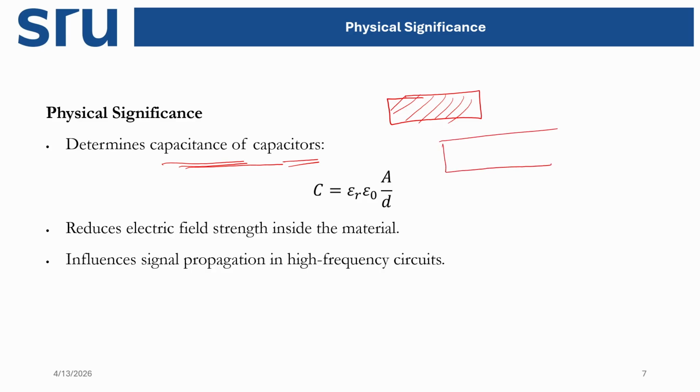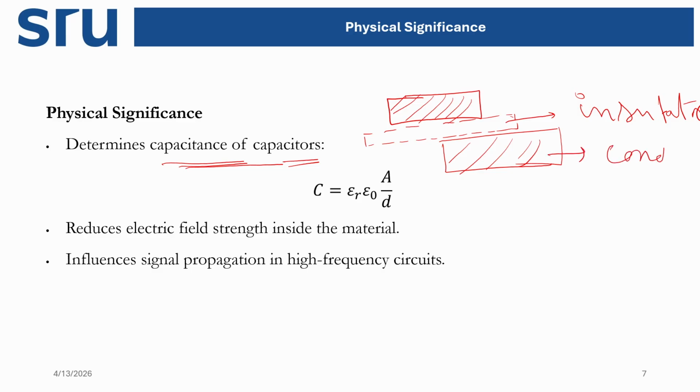Then in between these two plates we keep a dielectric substance. A dielectric substance is a non-conductor, an insulator. This is a conductor, and this is also a conductor. So between two conductors we have one insulator.